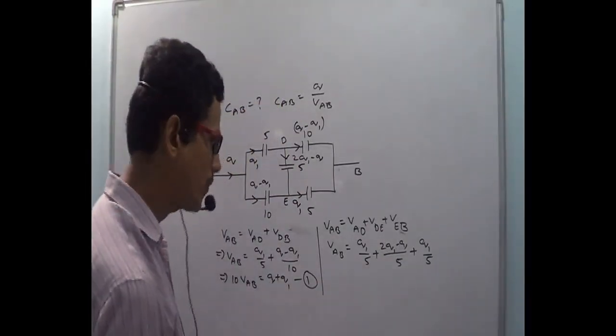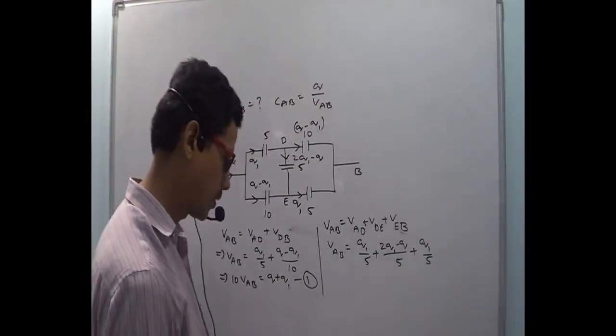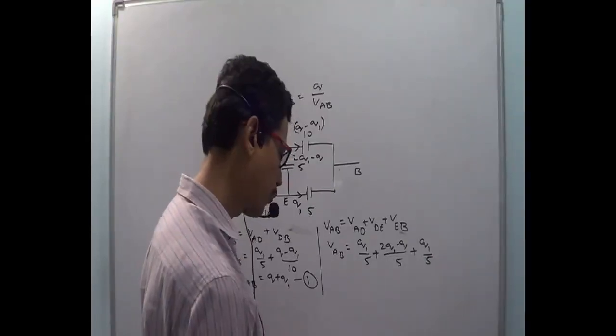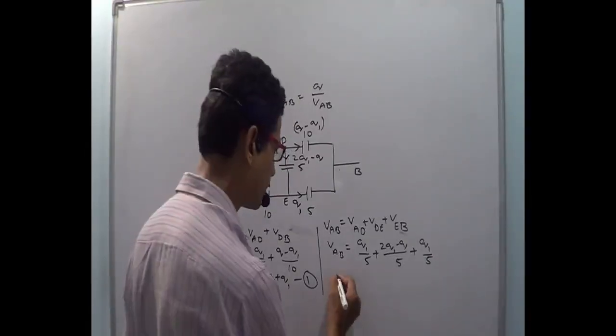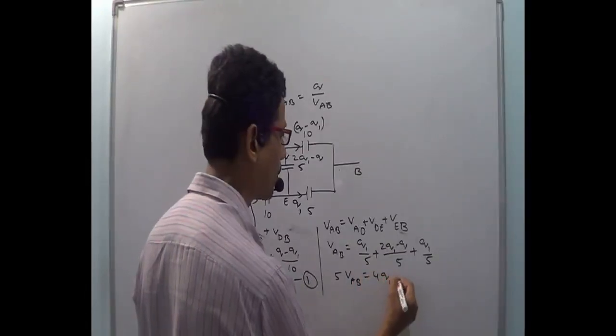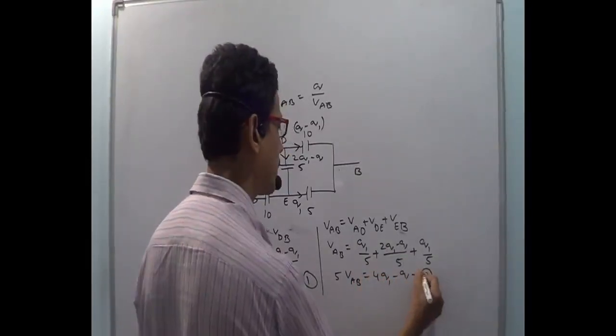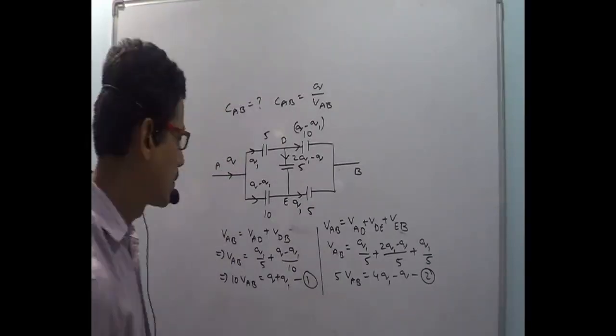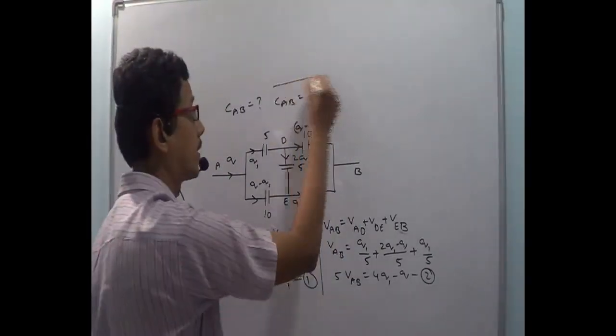If we solve this, we get 4Q1 minus Q is equal to 5 VAB. So 5 VAB is equal to 4Q1 minus Q. This is equation 2.